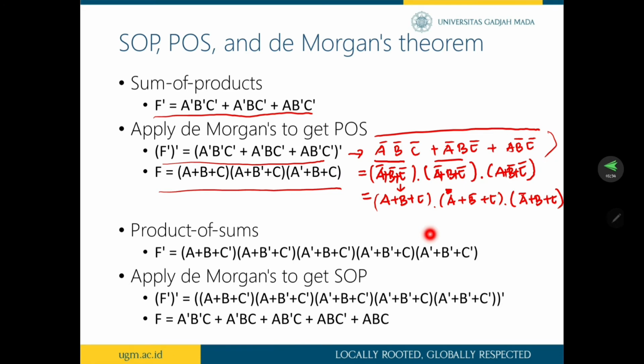So the product of sum of F' is, we have the product of sum form for the complement of F, for example like this, and then we apply De Morgan to get sum of product, same as when we convert sum of product to product of sum.